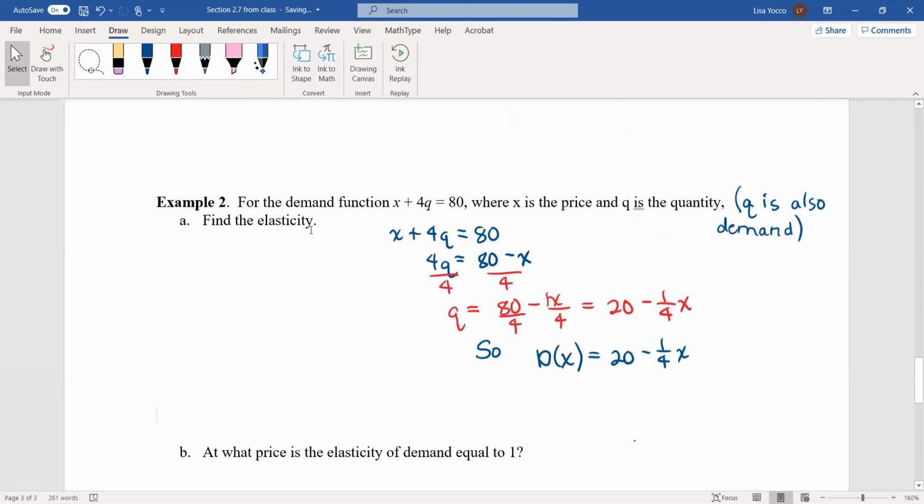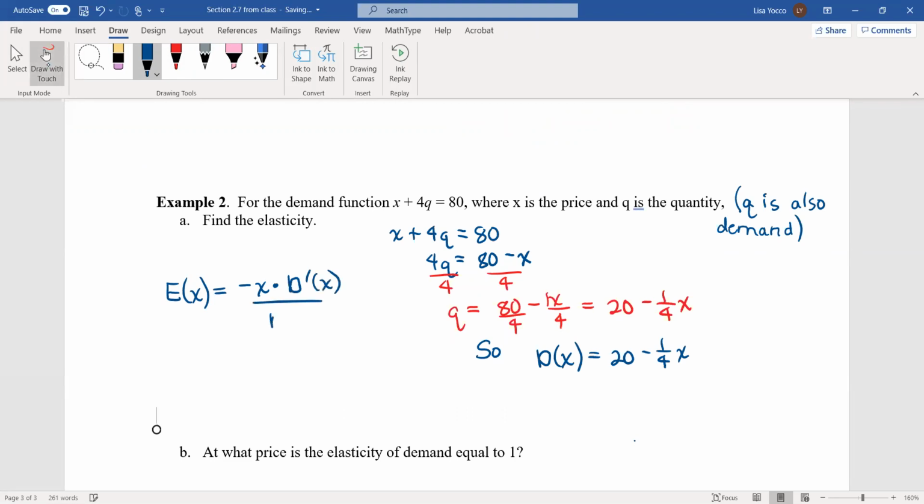All right, because we still have to find the elasticity. So remembering our formula, it's going to be E of x equals negative x times the derivative of the demand function divided by the demand function. So let's get the derivative of the demand function.